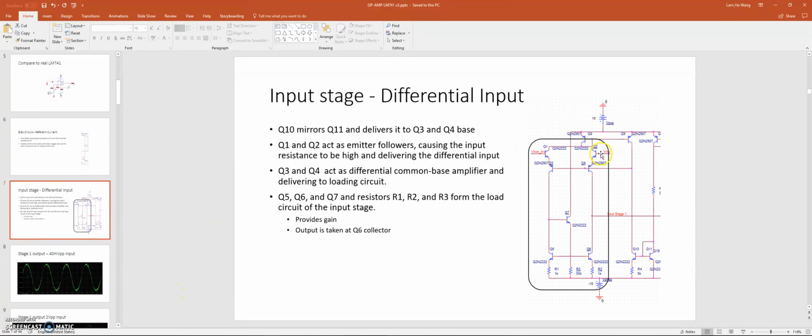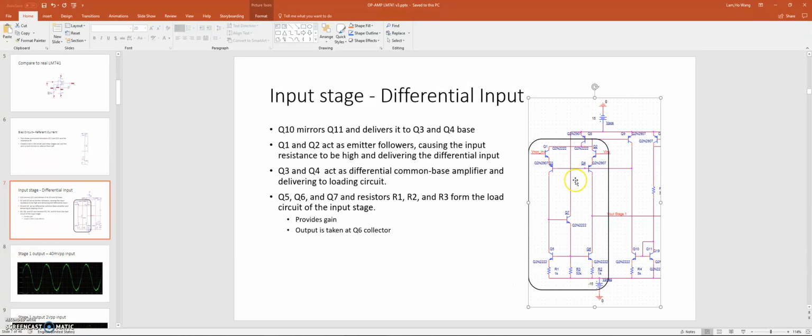So right here, we have the input stage. This is a differential input. We can see the previous reference current is in the center, and then we are getting our current from this current mirror here and current mirror here, formed by Q8 and Q9 and Q10 and Q11. Q10 and Q11 provide current to Q3 and Q4.